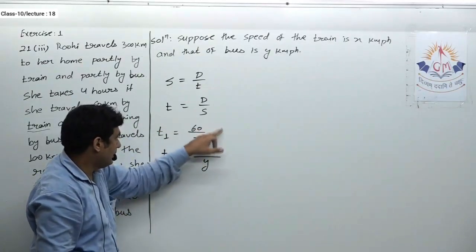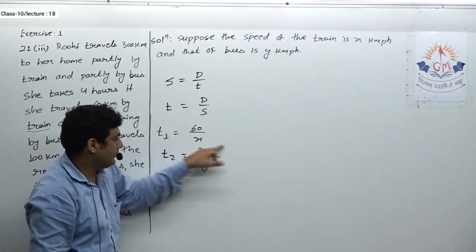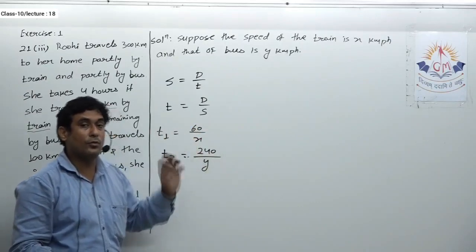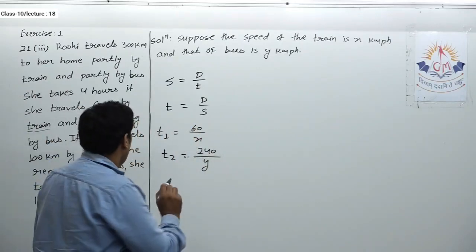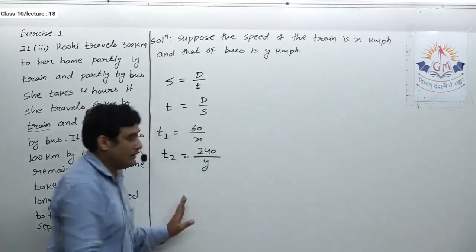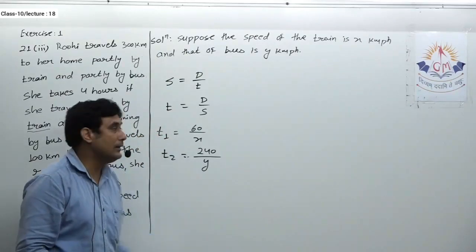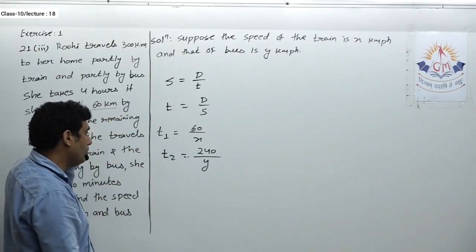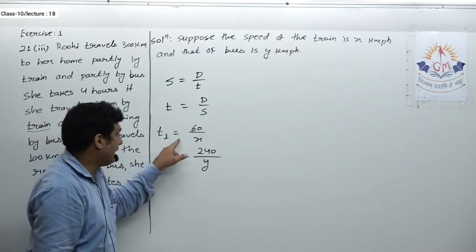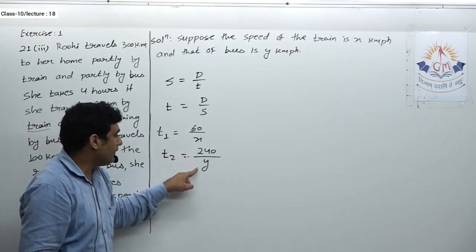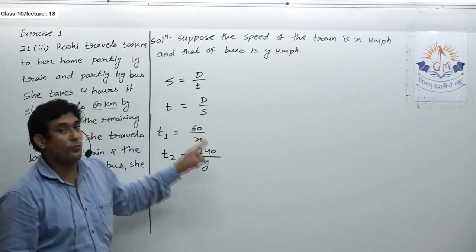In total, the sum of these two times is equal to 4 hours. So this is the first relation between the assumed variables. Here I can write 60 upon x plus 240 upon y is equal to 4 hours.